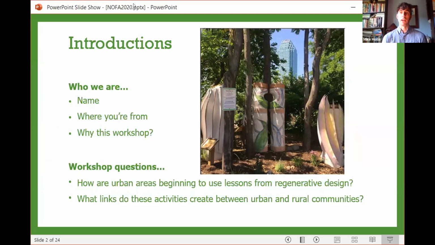By regenerative design, I'm referring to urban planning that uses regenerative agriculture as a model, taking those regenerative agriculture principles and applying them to an urban planning framework. And what links do these regenerative design practices create between urban and rural communities?